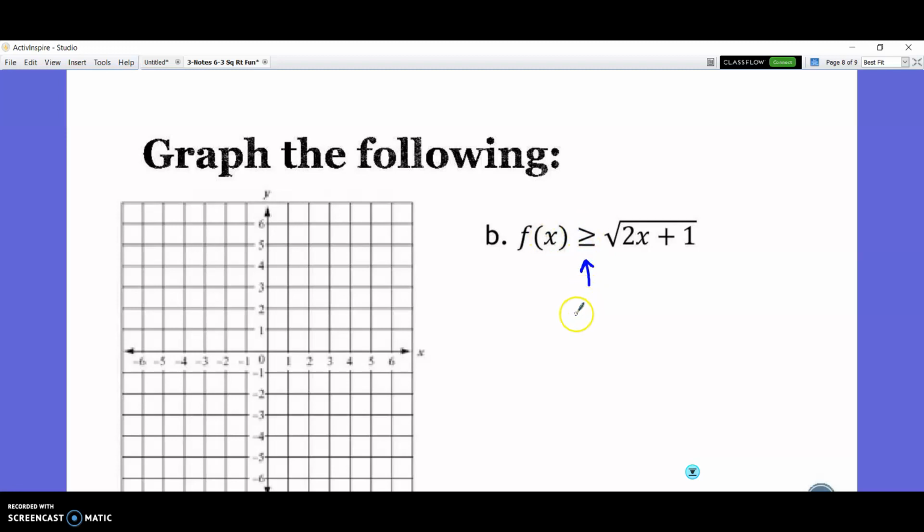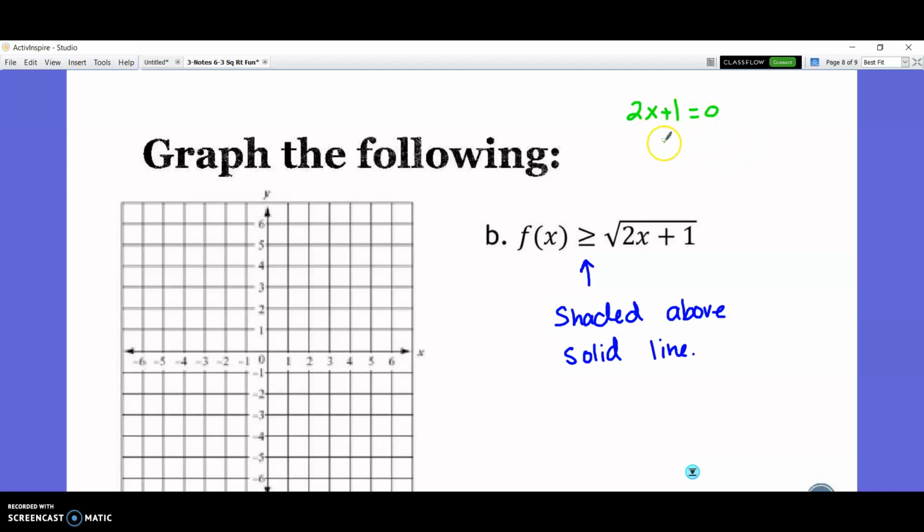F of x greater than or equal to. So this is going to be shade above, and it's going to be a solid line. The numbers that we can take the square root of, the first one is 0, so 2x plus 1 could equal 0.